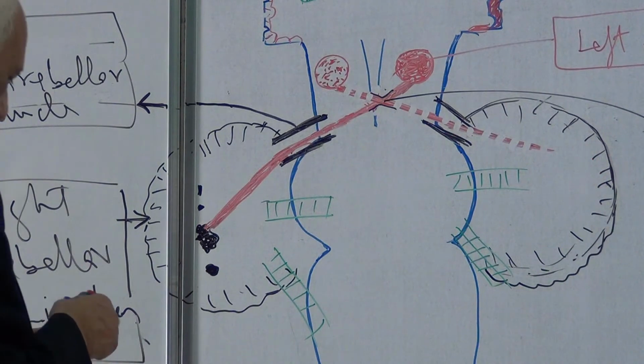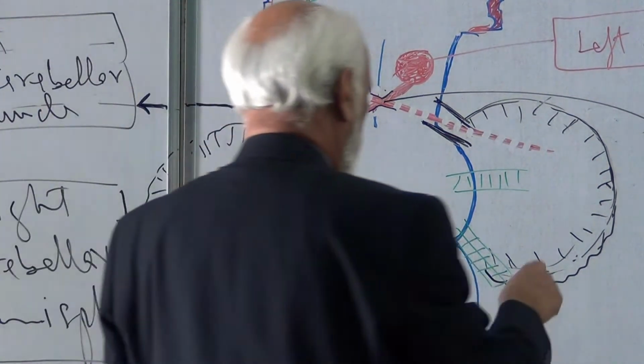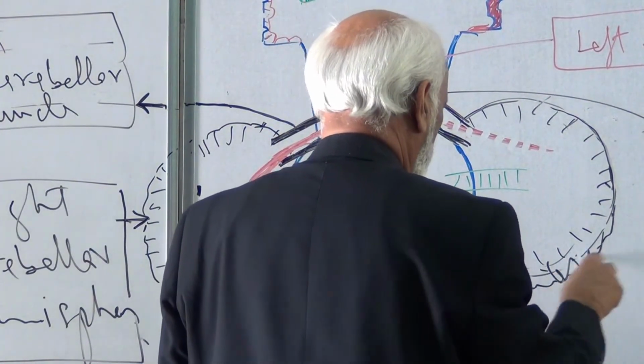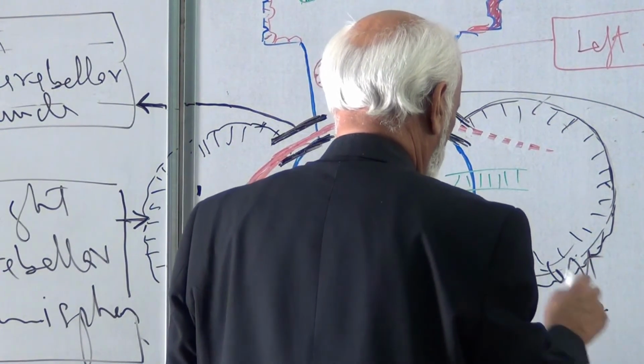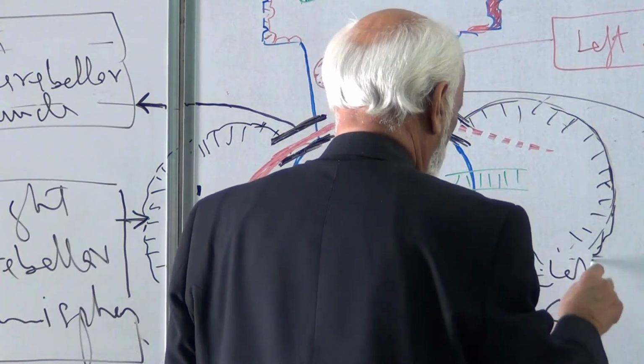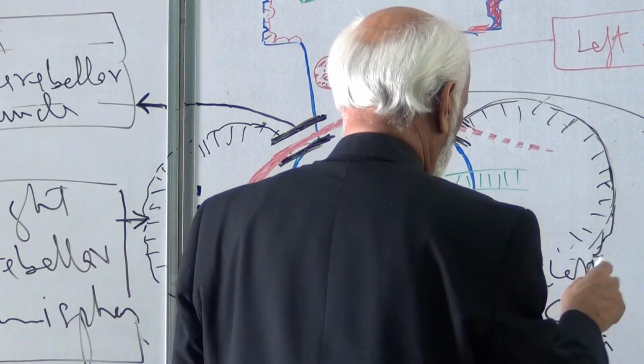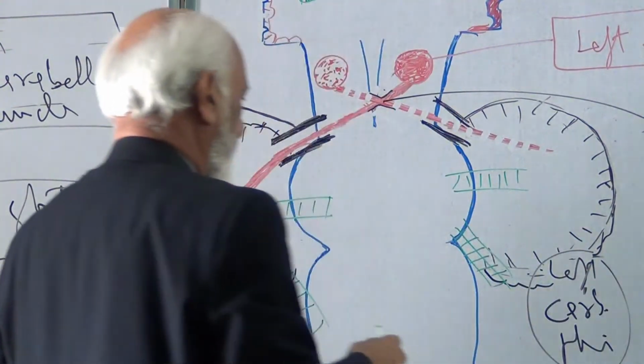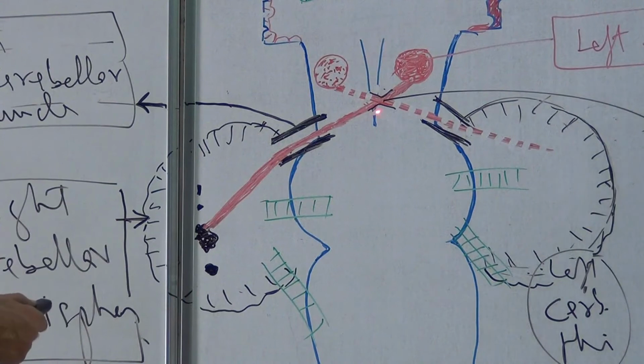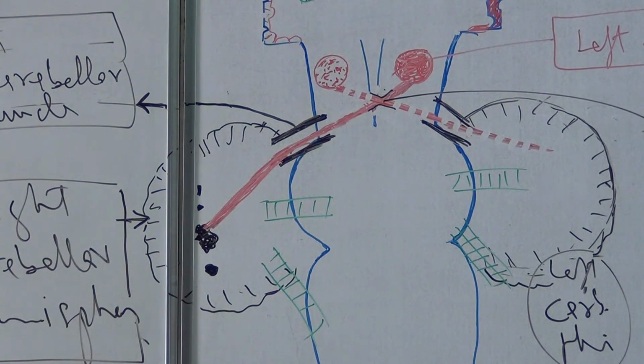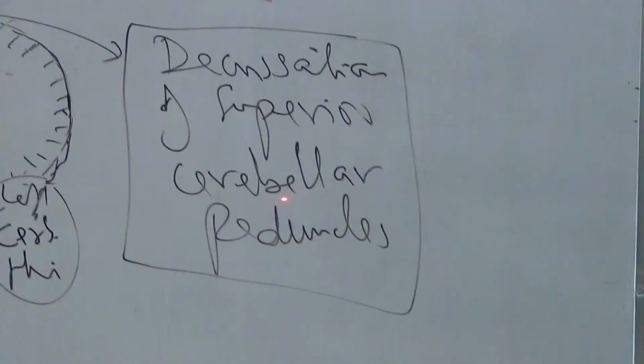coming from the left cerebellar hemisphere. They cross here in the lower part of the midbrain, and this crossing of the right and left superior cerebellar peduncles forms the decussation of the superior cerebellar peduncle.